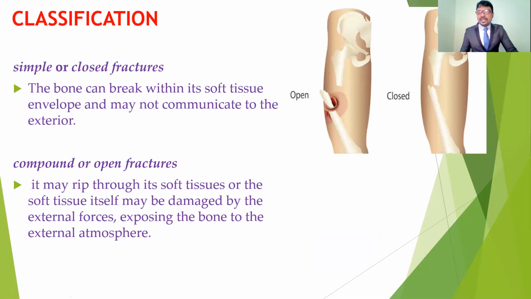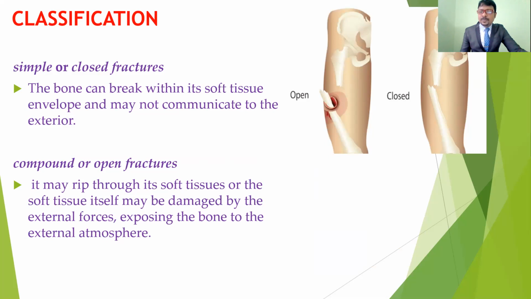If you see the classification of fractures, they are classified into many different types. According to exposure of the tissue, they are divided into open fractures and closed fractures. In simple or closed fractures, the bone fragments are not exposed to the outside.